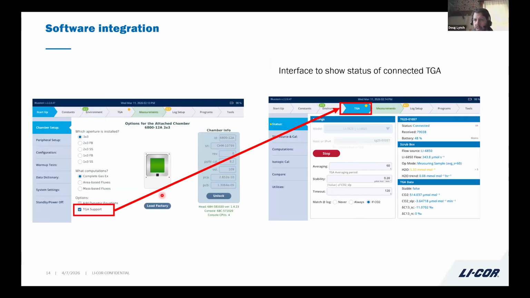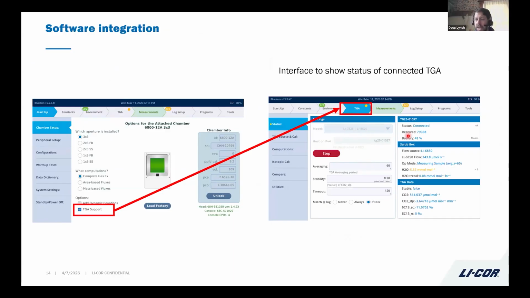So let's take a quick look at the software. Our software that we're about to launch here will have this new option to support TGAs. And if you choose to check that box, you get a brand new tab in your workflow. And then you can connect to your given analyzer, which you would select by model and make in this tab.